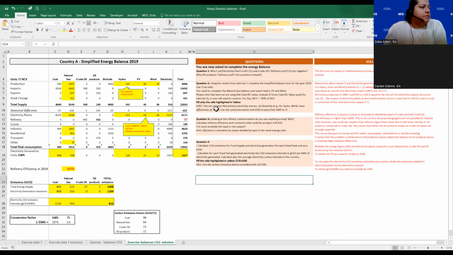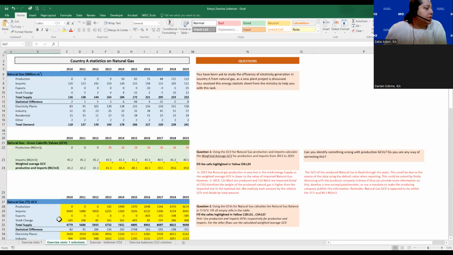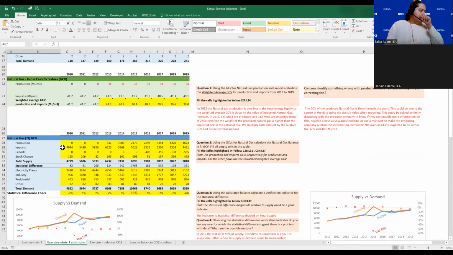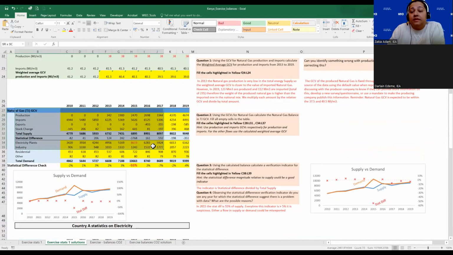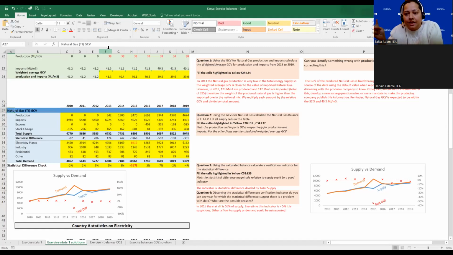For natural gas, we had already calculated in terajoule last week. But here it's in terajoule gross calorific value, and our energy balance is in net calorific value. So if you remember from the presentation, we said that the difference between your gross and your net calorific value for natural gas is 10%.